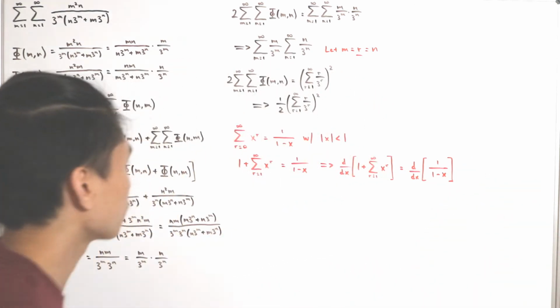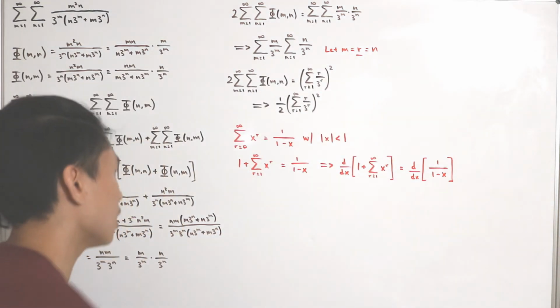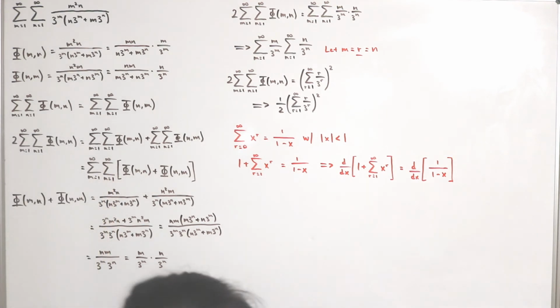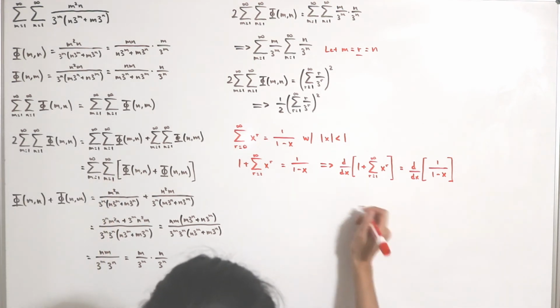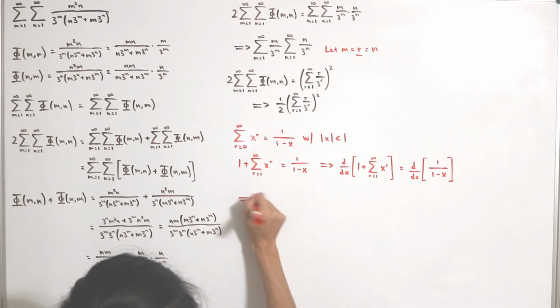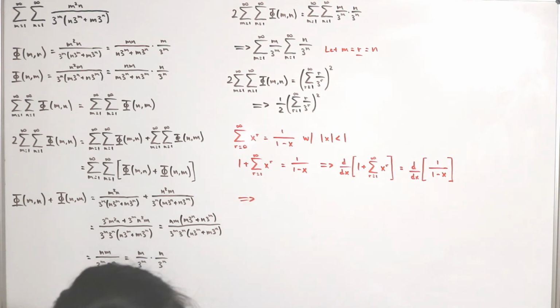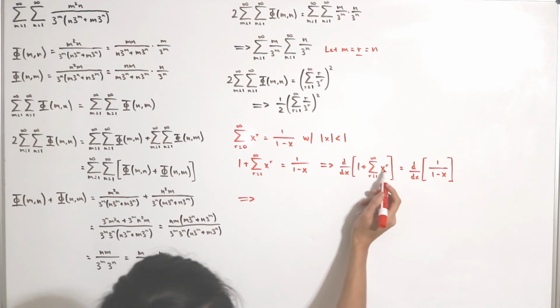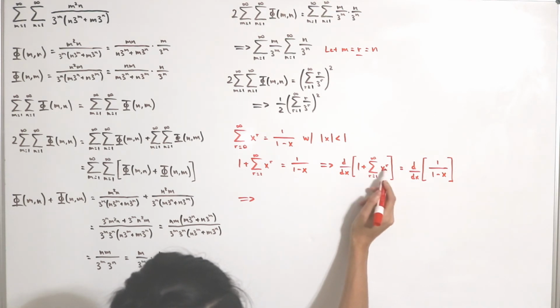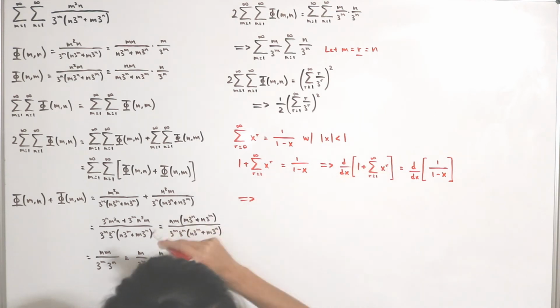Okay, cool. Now taking the derivative is fairly simple. We know that the derivative of 1 is just 0, so I'm not even going to include the 0 term. And so we can use the power rule: we can take the derivative of the inside and just leave the summation outside.